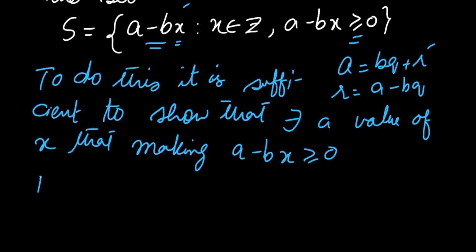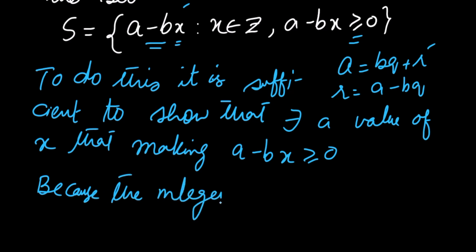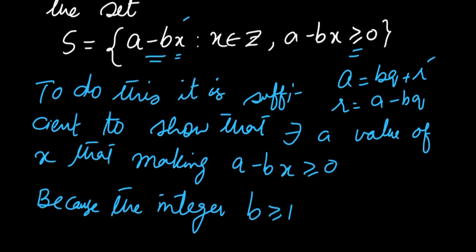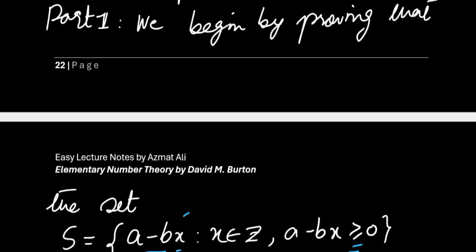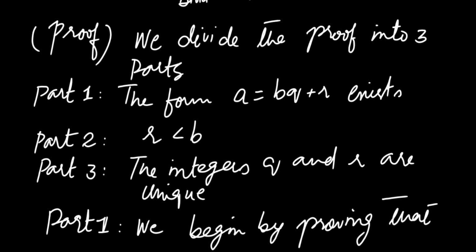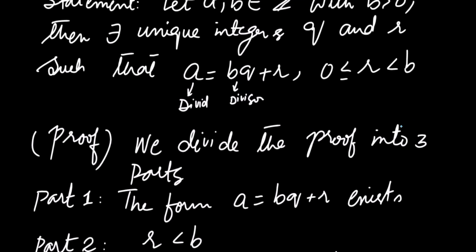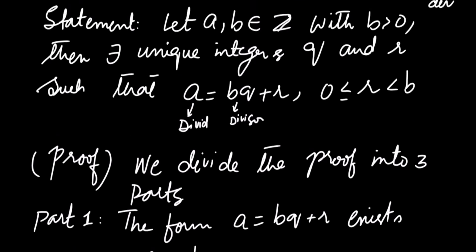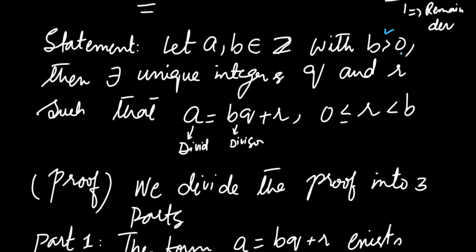Because the integer b is greater than or equal to 1. How is this greater than or equal to 1? If you see here, our b is greater than 0, but it is an integer.